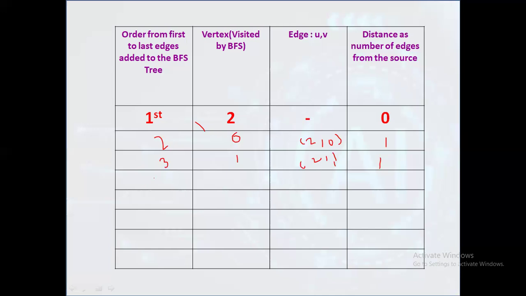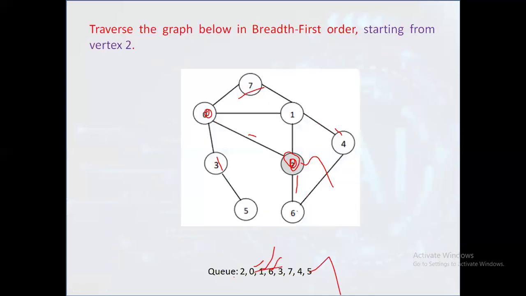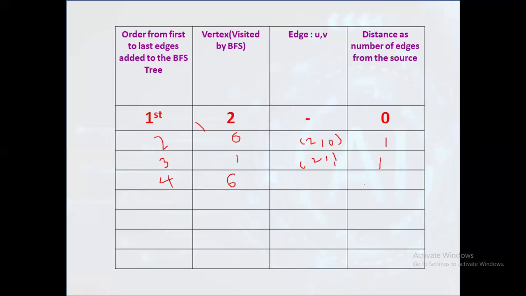And next, the fourth step, if you are taking 6, the value is 6. See here, the value is 6, and in order to move on to the 6, I'm writing it as 2 comma 6, and the distance moved is 1.